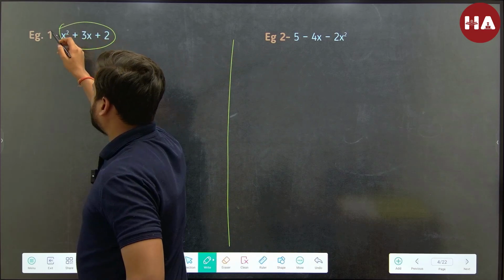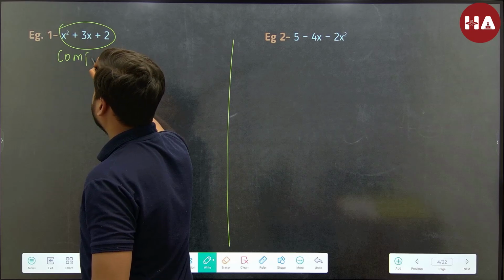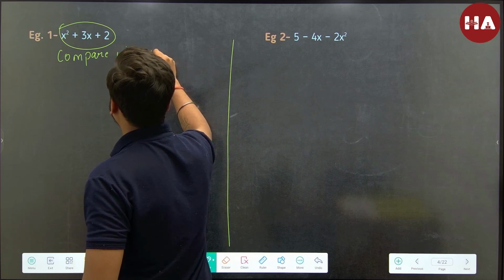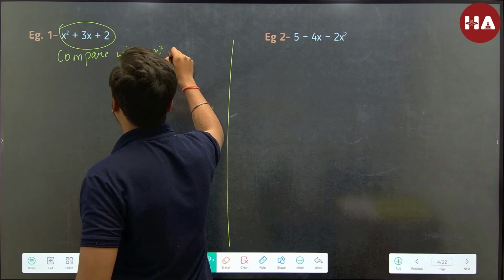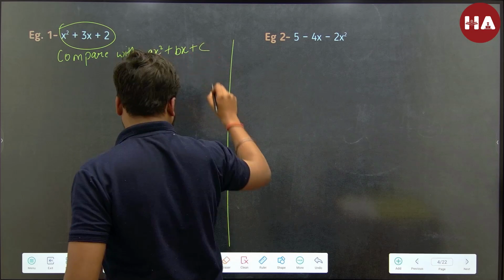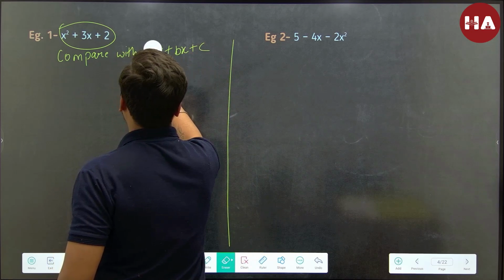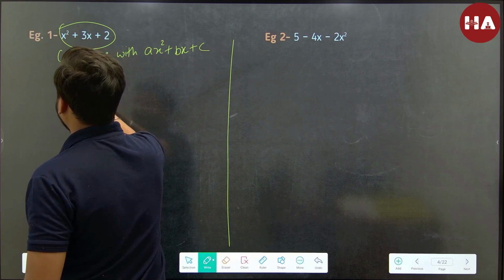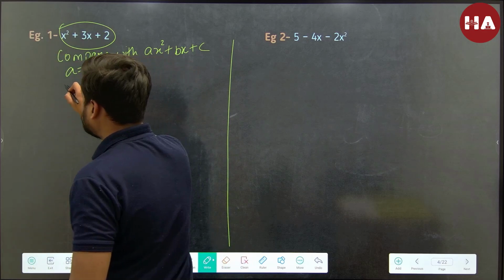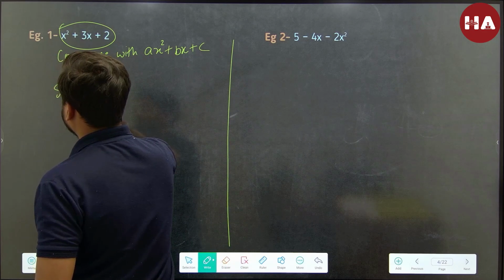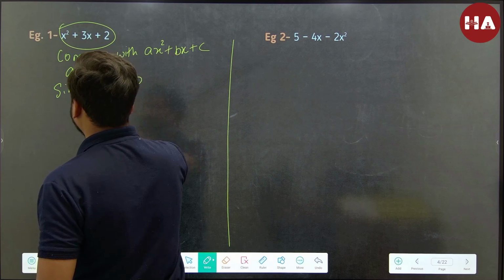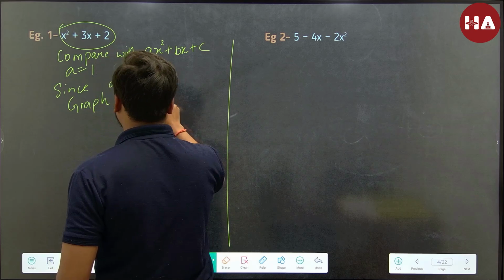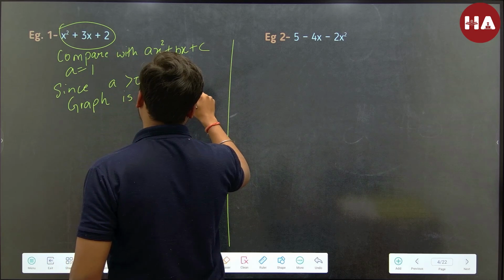If I compare this with ax square plus bx plus c, I can say a is 1. Since a is greater than 0, the graph opens upwards.